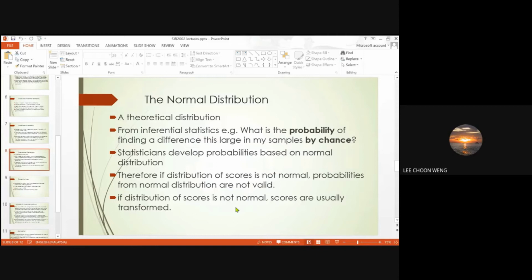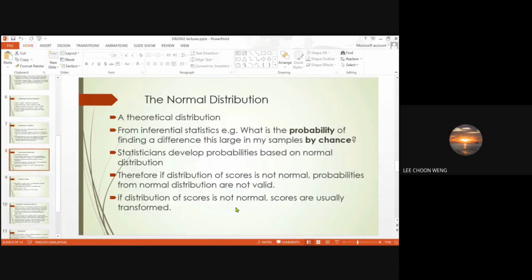We transform the data so that we can use parametric statistics. Although we have non-parametric alternatives for t-test and for ANOVA, parametric statistics are more robust.